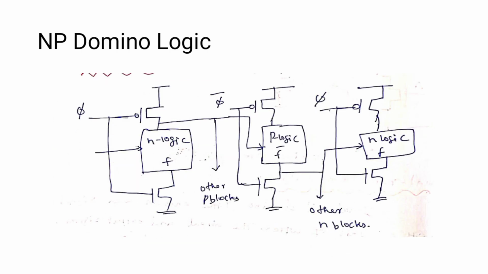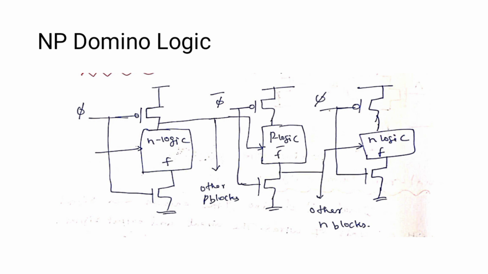What is NP domino logic? It is the same structure, cascading N logic, P logic, N logic and P logic. For a single circuit we use one domino logic, and that domino logic is cascaded with a series of N and P, NP, NP. So that is NP domino logic or NORA domino logic. Here when phi equals 0, the first stage and third stage are activated, and the second stage is turned off.